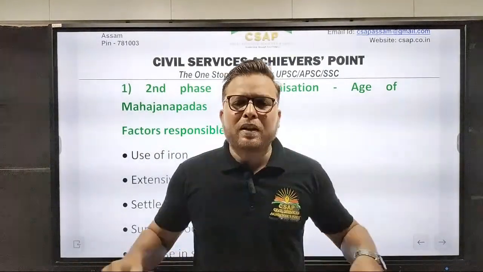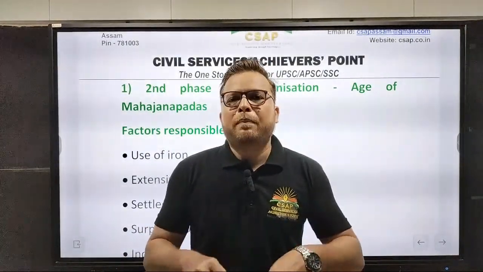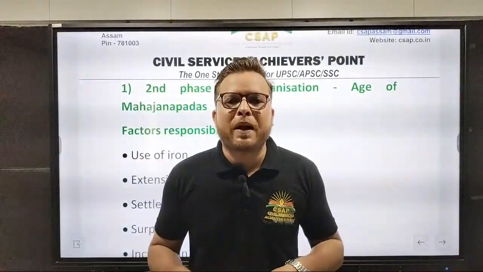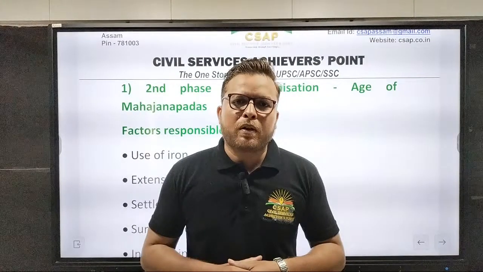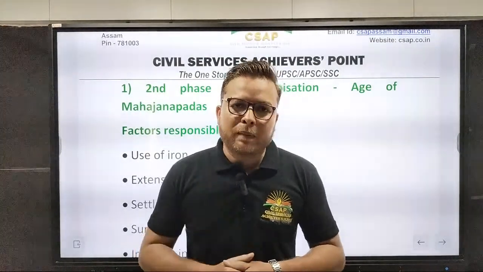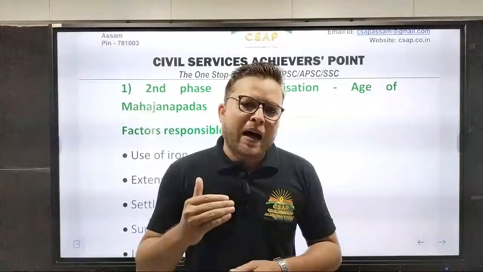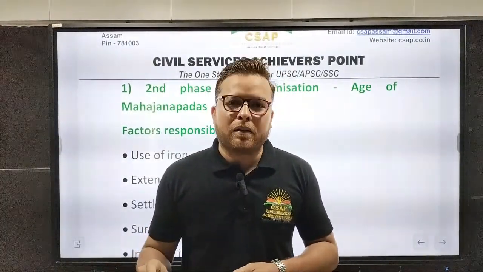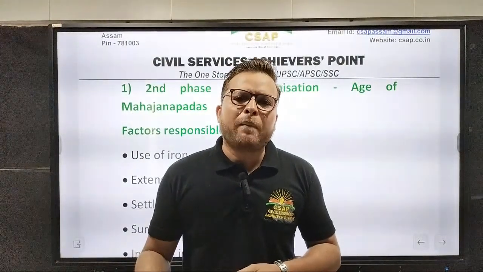The basin or valley formed by the river Ganga can be divided into three parts: Upper Gangetic Plains, Middle Gangetic Plains, and Lower Gangetic Plains. Upper Gangetic Plain starts from the mouth of the Ganga and comes all the way till Allahabad, which has now become Prayagraj.